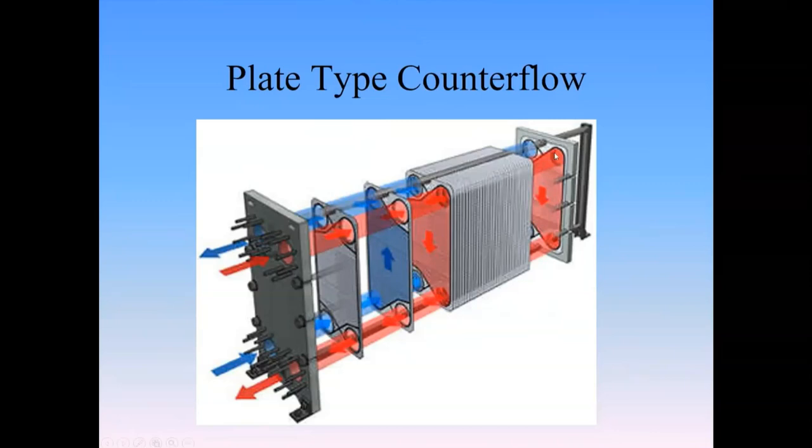So plate type heat exchangers are pretty common in industry because they have a really, really high rate of heat transfer. And we can see what these look like. So here's a case like this, kind of metal, kind of corrugated, with a little rubber gasket. And that's going to be one flow path that goes through this section.